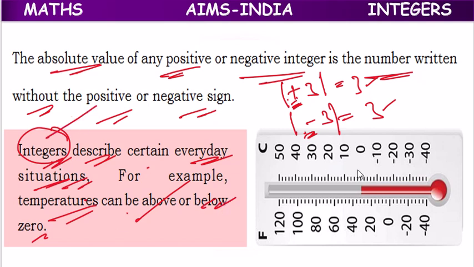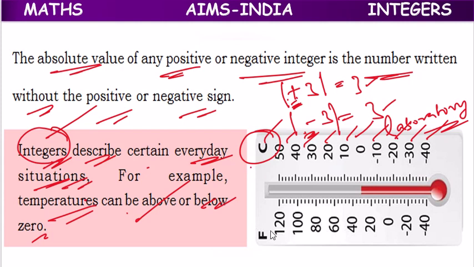If we go to a clinic and the doctor wants to check our temperature, or in a laboratory while doing experiments at certain temperatures below 0, we measure temperature using integers like 0, 10, 20, 30, 40, 50, or -10, -20, -30, -40. It may be in degrees centigrade or Fahrenheit, but while measuring temperature, we make use of these integers.